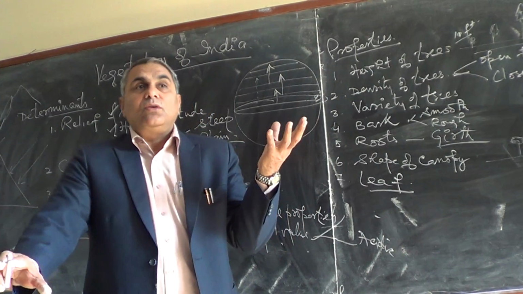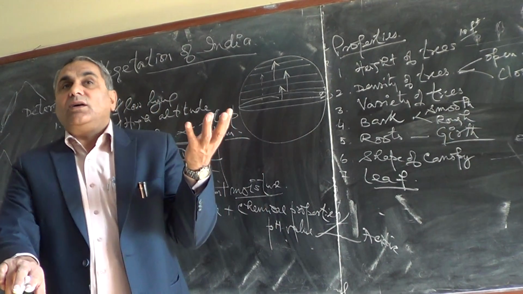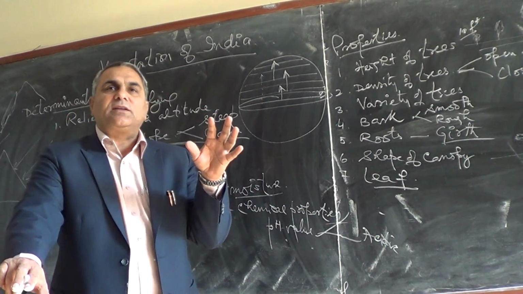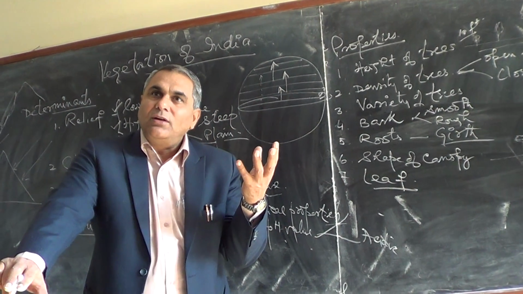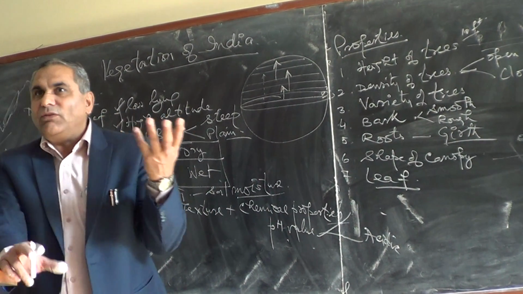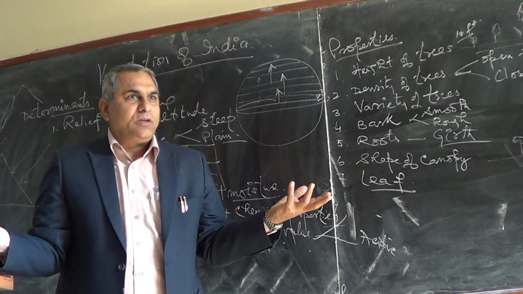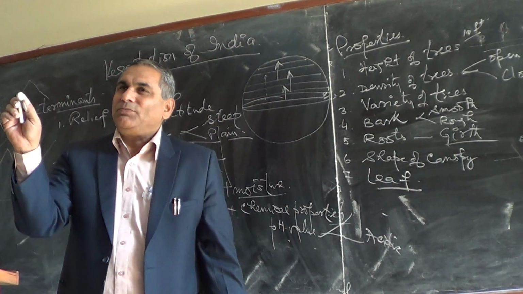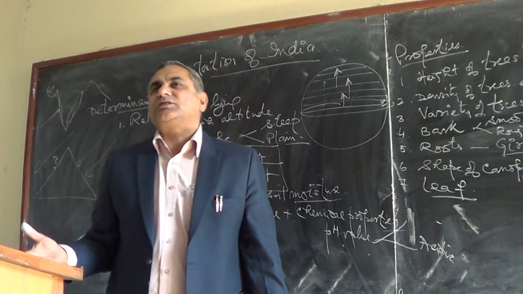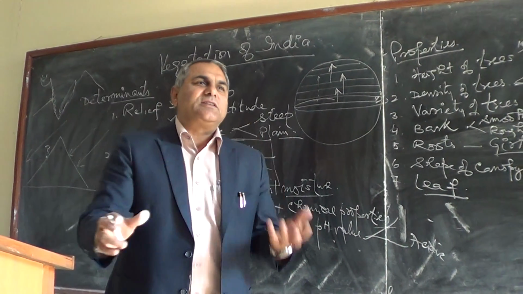But cactus, acacia, Opuntia, different types of cactus, they don't have leaves. Then how do they manufacture their food? Without leaves, they have only thorns, and with the help of thorns the photosynthesis process takes place and they manufacture their food.